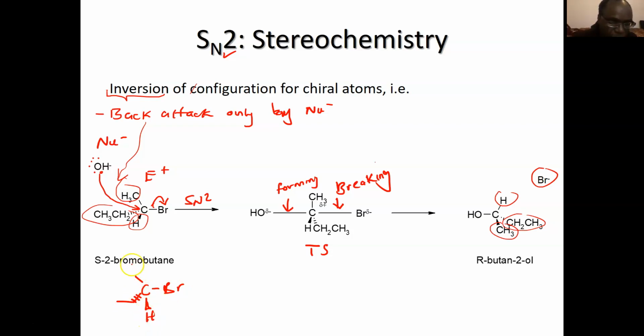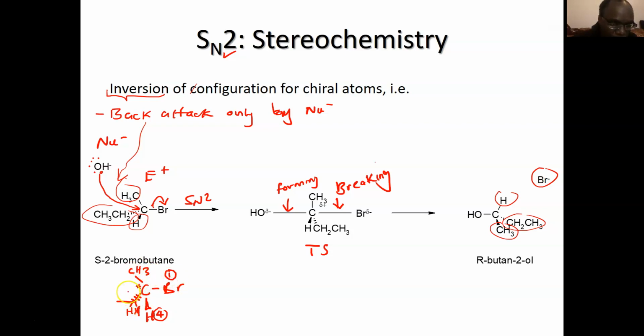We are starting with this molecule. Of course, you have CH3 there, you have CH2 here, and the hydrogen. So the hydrogen will get priority 4. It's the smallest attached to the chiral center. Then using Cahn-Ingold-Prelog rules, bromine has the highest atomic number compared to the groups directly attached to the central carbon, so priority 1.